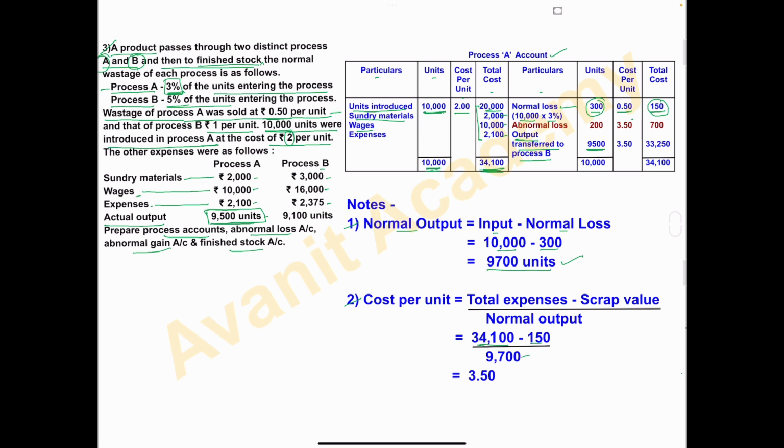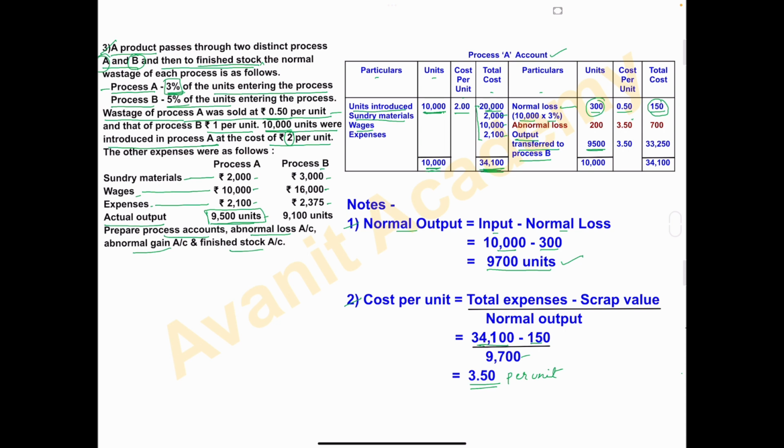So write here 9,700. Calculate this: 34,100 minus 150 divided by 9,700, and you will get 3.50 per unit. So cost per unit is 3.50.